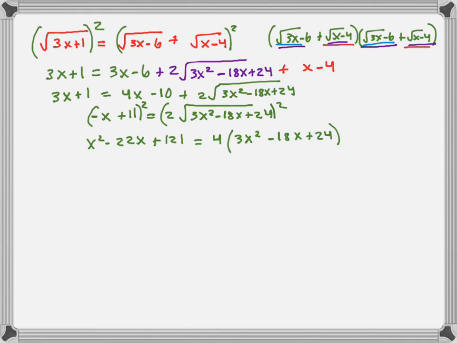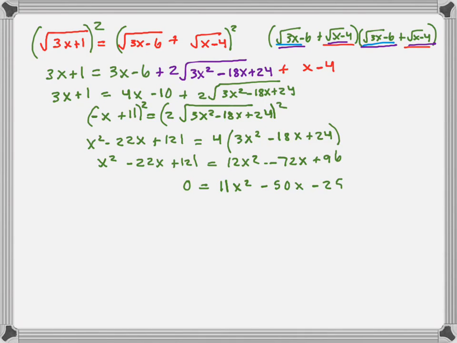Okay. So now at this point, we can start to combine things. So we have x squared minus 22x plus 121 is equal to 12x squared, and you might need a calculator for this, minus 72x plus 96. And then if we start bringing everything over to the right side, 0 equals 11x squared minus 50x minus 25.